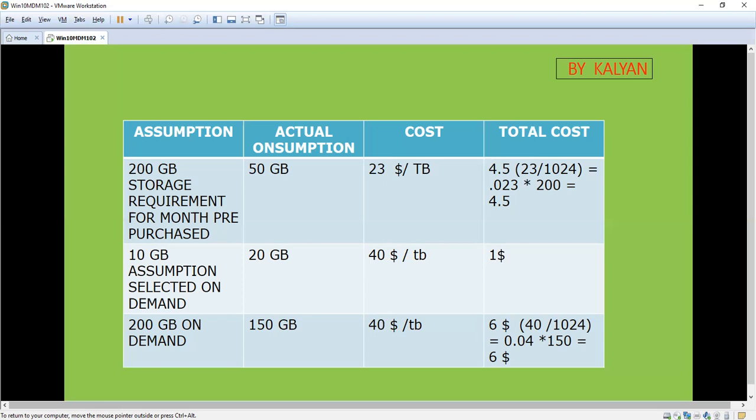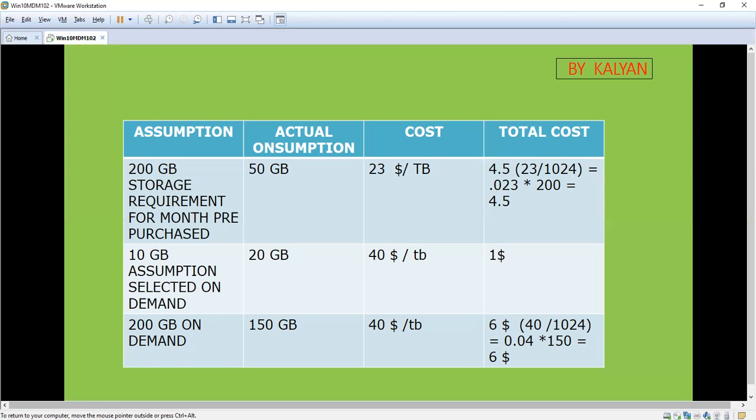The service provider charges $40 per TB, so it will be around $1. If our actual requirement is only 20 GB and we pay for 200 GB, it is not worth going for the pre-purchase plan. So we can opt for on demand.